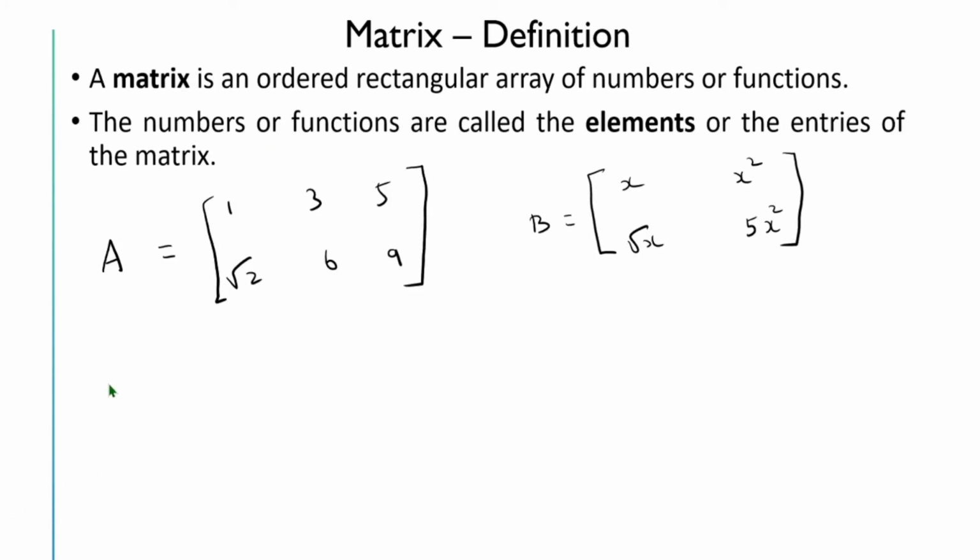In the previous case, if we see, A has got 2 rows and 3 columns. So it means A is a matrix of order 2 by 3. Here the matrix B has got 2 rows and 2 columns. So B is a matrix of order 2 by 2. So this is how the order of a matrix is given.